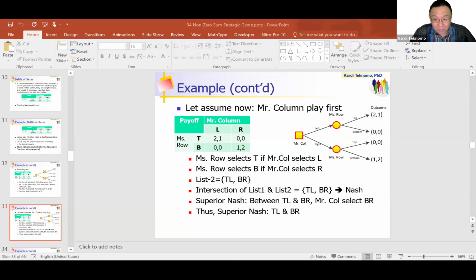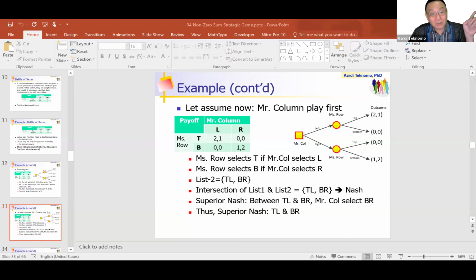If Mr. Column should choose between TL and BR, what will Mr. Column choose? Mr. Column will choose between 1 and 2. Of course, Mr. Column will choose BR, right? This is the superior NAS for Mr. Column. Okay. So in that case, you have two superior NAS.